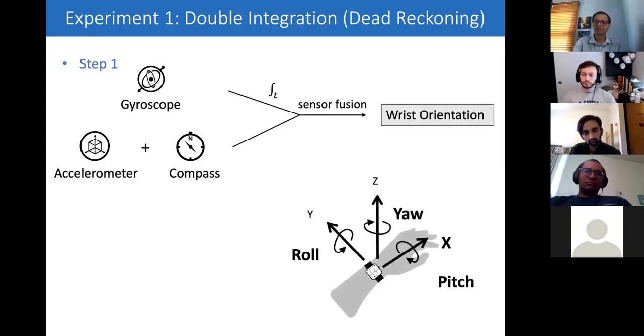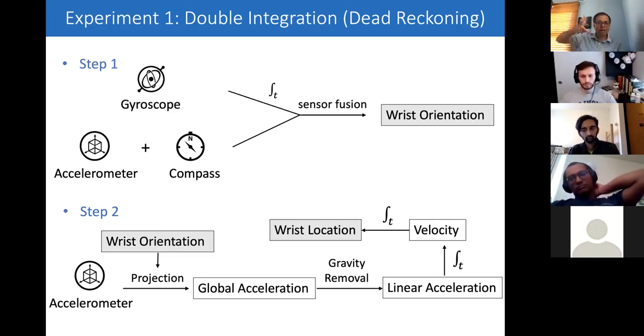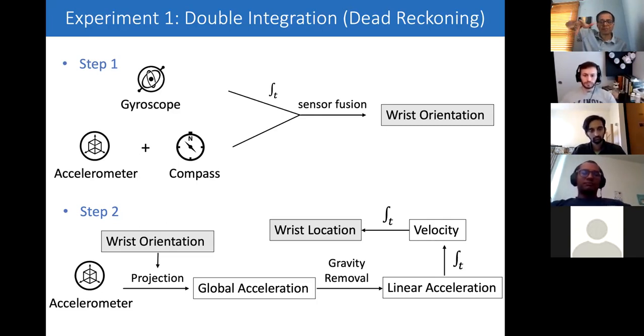Once you get your wrist orientation, you project your smartwatch into the global reference frame. Now your smartwatch's reference system is aligned with the global reference frame. Now you subtract gravity, because gravity is now acting in the negative y direction. That gives you the linear acceleration of motion. From that, you single integrate, you get velocity. You single integrate again, you get wrist location. This is one way of estimating the wrist location and wrist orientation.